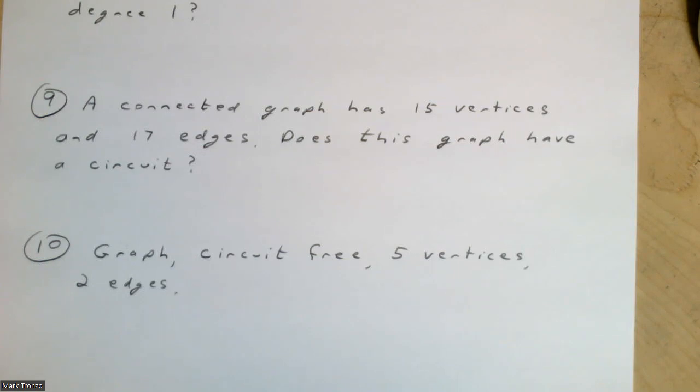So take a look at those 10 questions and again, see if you can find a graph or answer the question. Or if you can't find such a graph, explain why using the theorems that it doesn't exist.